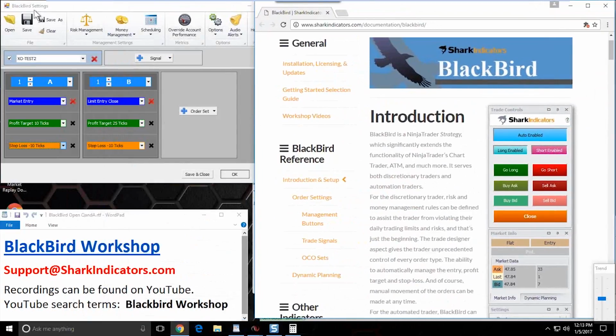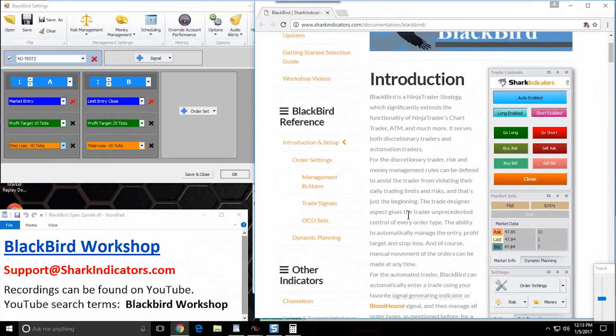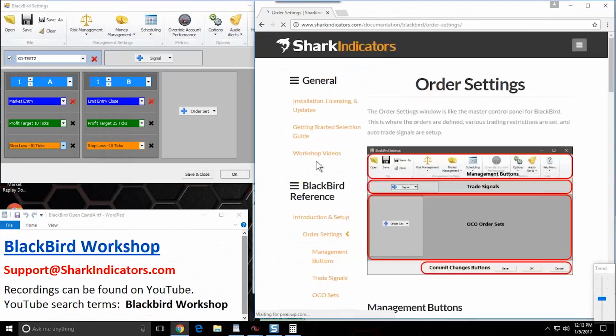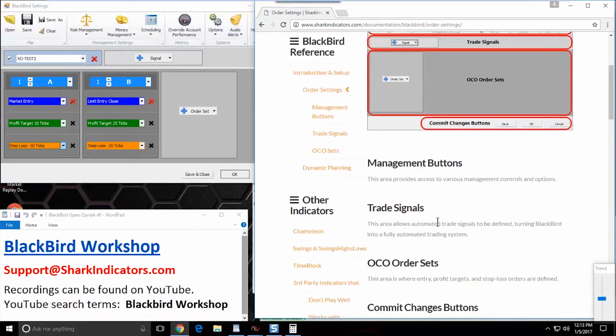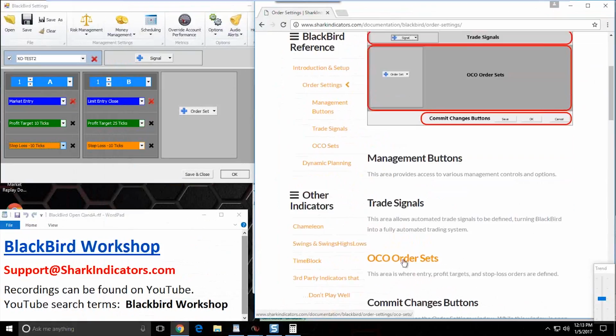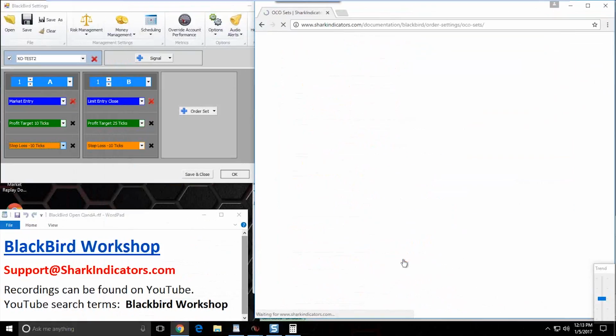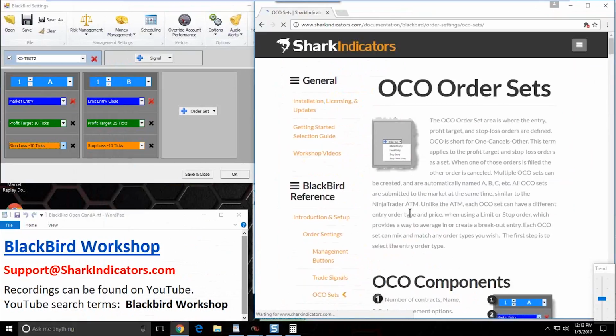If you're looking at anything within the order settings, if we go to the menu here, right here is order settings. Click on that. We're working in the OCO order sets here, so we can scroll down to the OCO order sets like that.